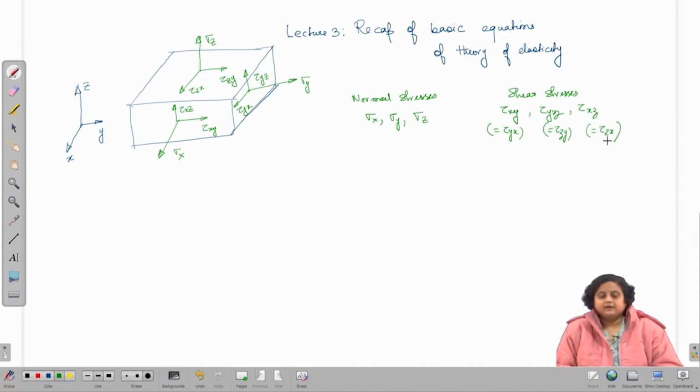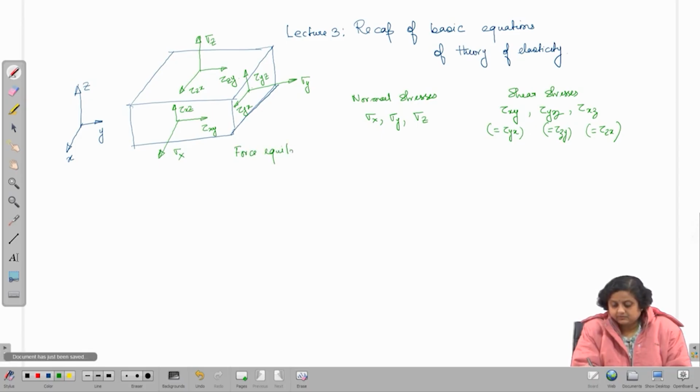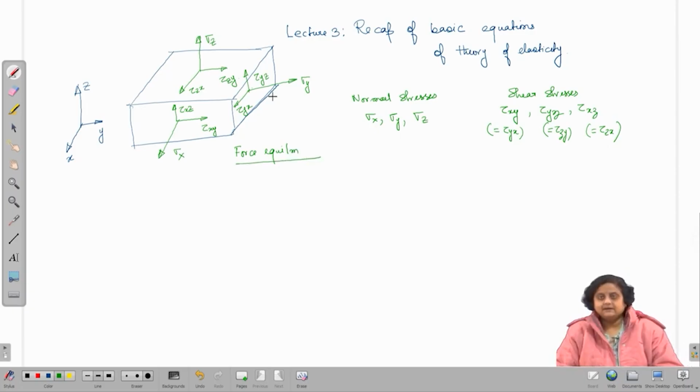Now, from the force equilibrium of this 3D body, we can write down 3 equations of equilibrium.